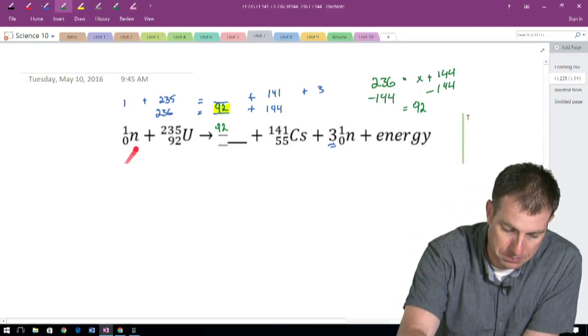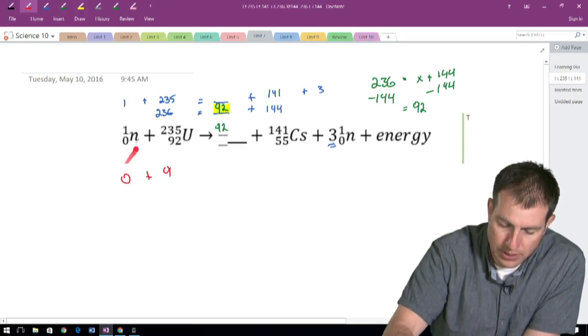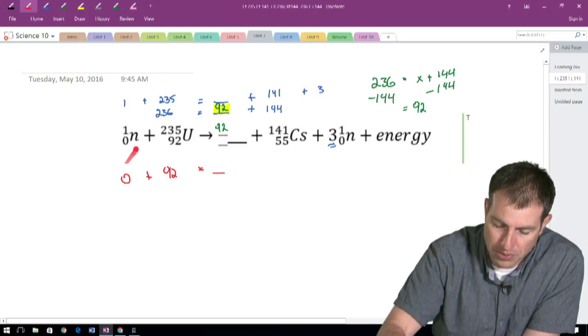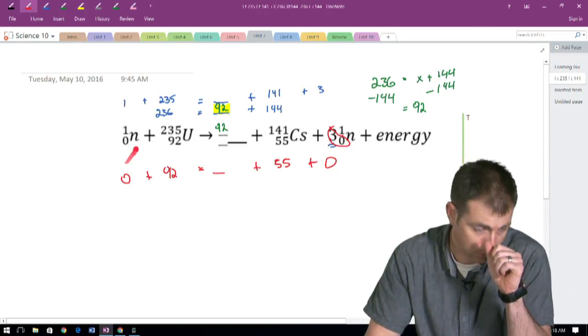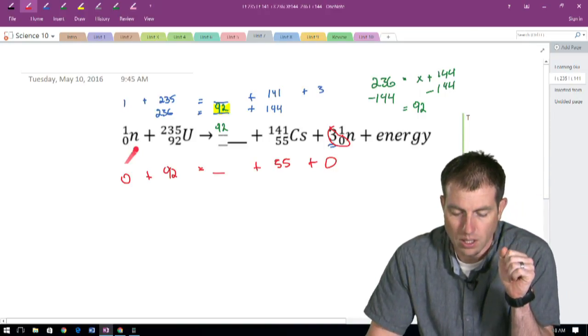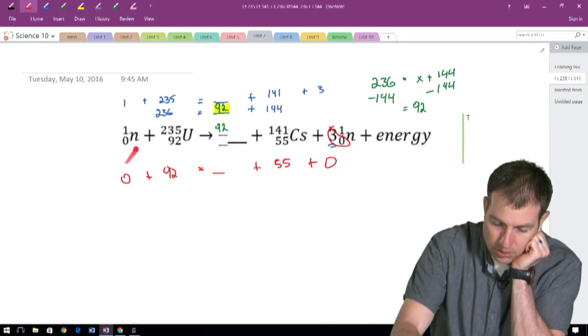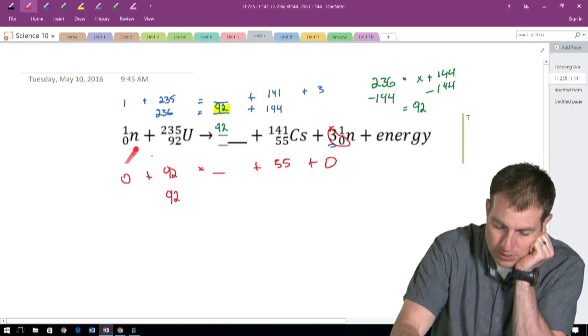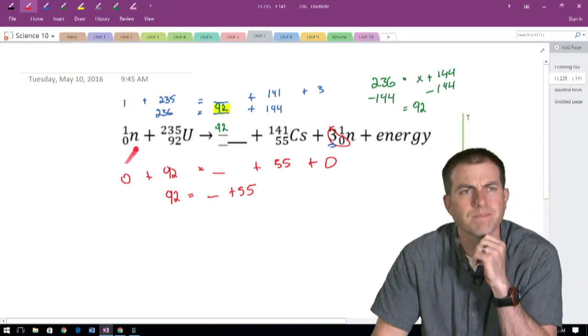And on the bottom, we're going to do the same thing. I have 0 plus 92 is equal to something plus 55 plus 3 times 0, which is going to give me 0. What is that something? Well, that's going to look a little bit like 92 is equal to something plus 55.